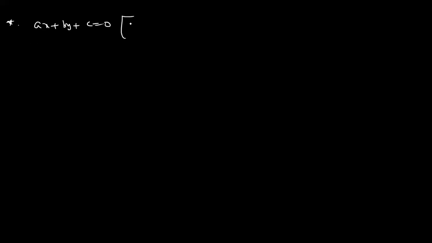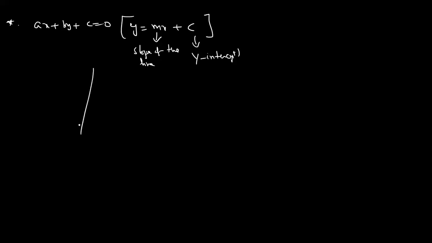Generally, comparing with the y is equal to mx plus c format, here m means the slope of the line, and c means the y-intercept. This is where the line meets the y-axis, so this is called the c intercept. Get your point here.